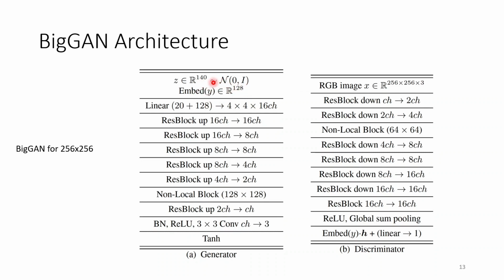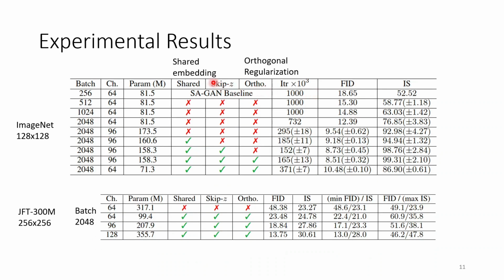Then first they combine the 128 dimensions plus 20. 20 means they only use 20 dimensions from the latent variable, and the other sections will be inserted into the rest of the blocks. So that is the meaning of this skip Z: section by section, inserting into the dimensions.